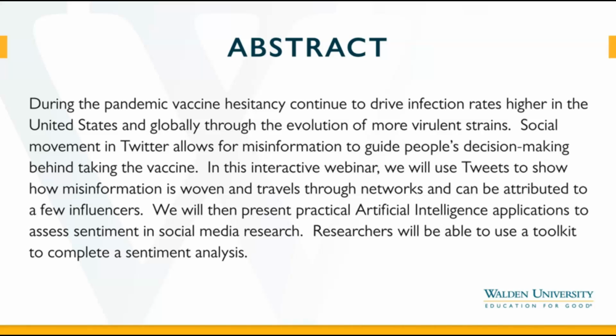Because we have not been able to move people through the vaccine stages, now all of a sudden we have more virulent strains. We're going to talk about the social movement and Twitter and its impact. What we want to do today is talk about how this disinformation and misinformation has been woven throughout and how it has impacted and influenced people in their decision process in regard to vaccination.